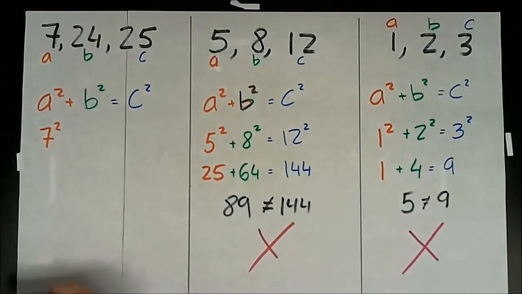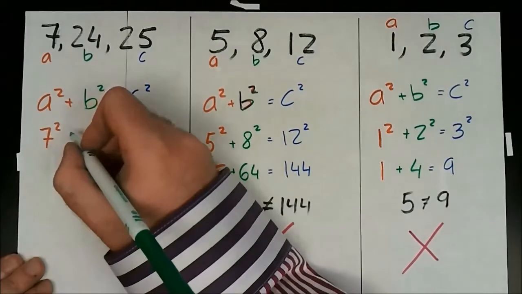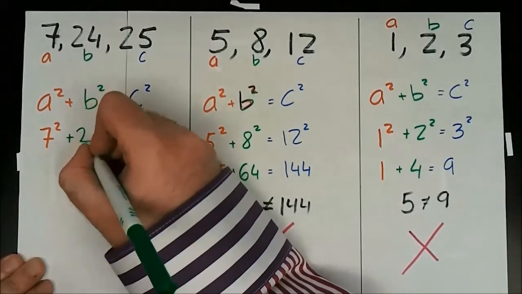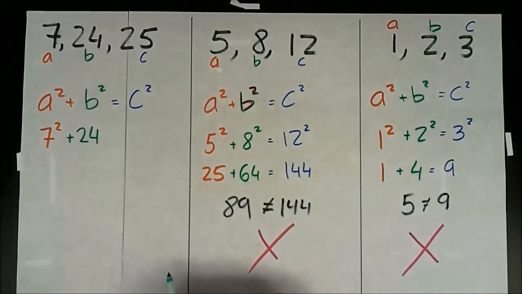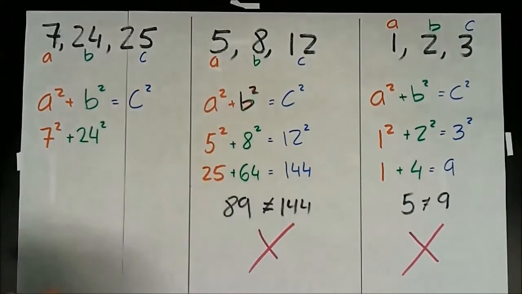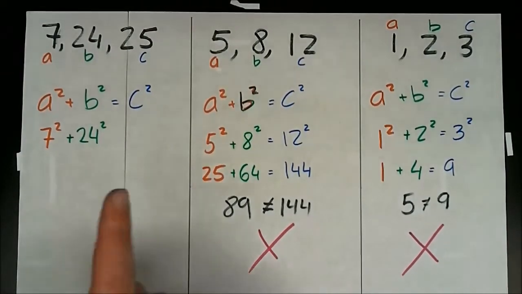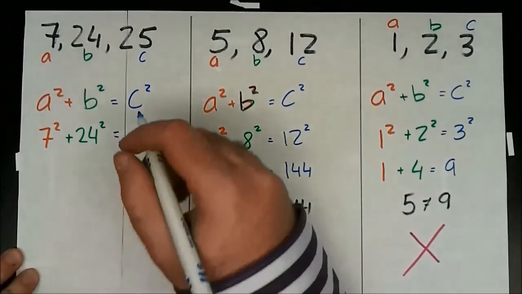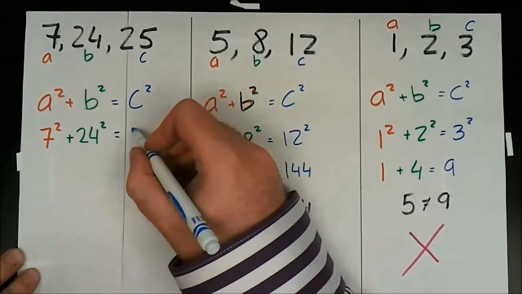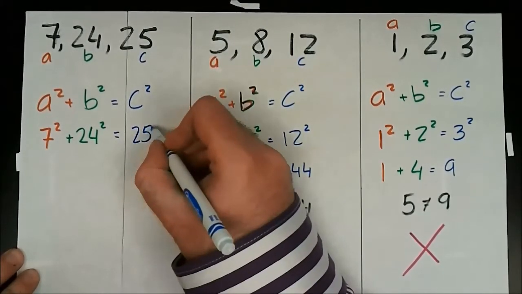Instead of B squared, I'm going to have 24 squared. Oh, that's going to be a big number. I want to use a calculator for that one. And C squared is actually going to be 25 to the second power. I know what that is. I don't need to use a calculator on that one. 24 squared I do, but 25 I actually know off the top of my head. I'm that cool.